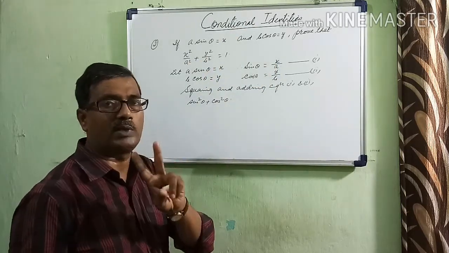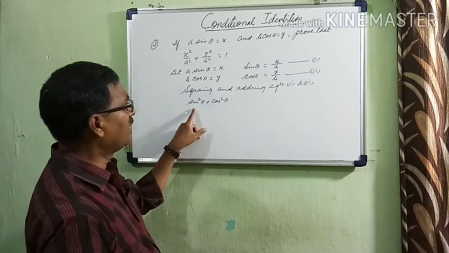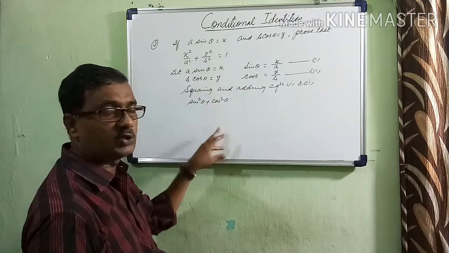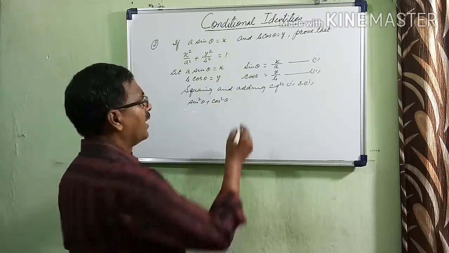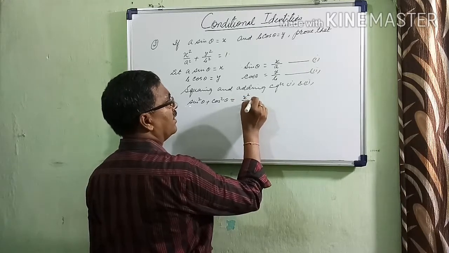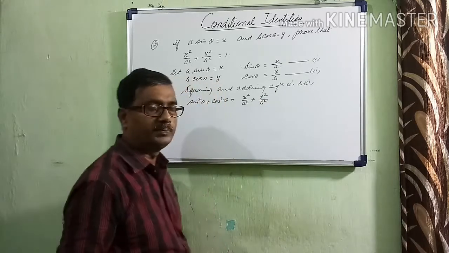There are two mathematical operations to be applied. So when you square both and then add, LHS are to be added and RHS are to be added, and that is equal to x square by a square plus y square by b square.